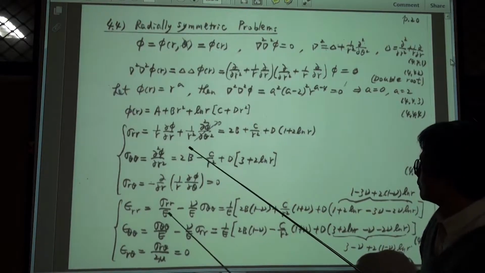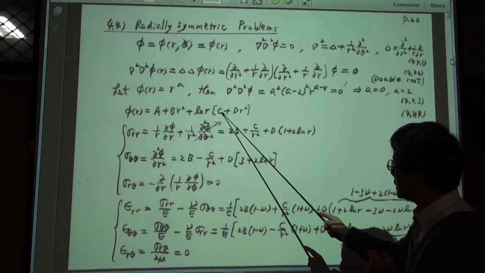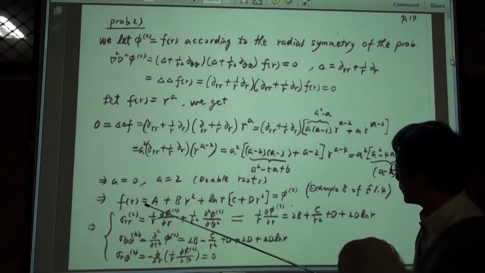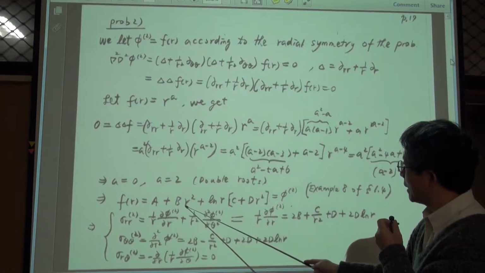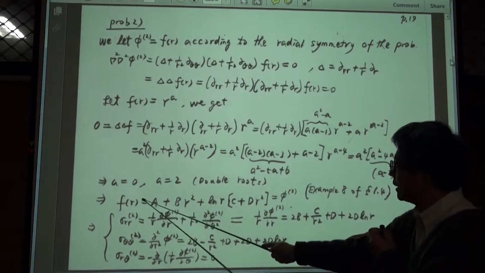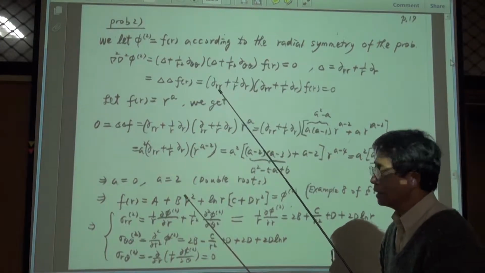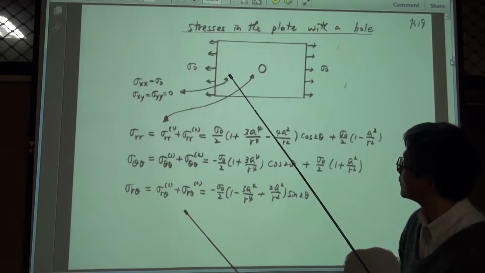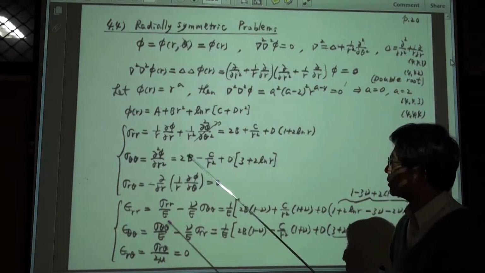Remember, (A plus B r squared) log r plus C plus D r squared. Let me show you. Yes, here, f(r) equals (A plus B r squared) log r plus C plus D r squared. So we had already calculated this stress function before, and we can cut it short. We get this stress function.